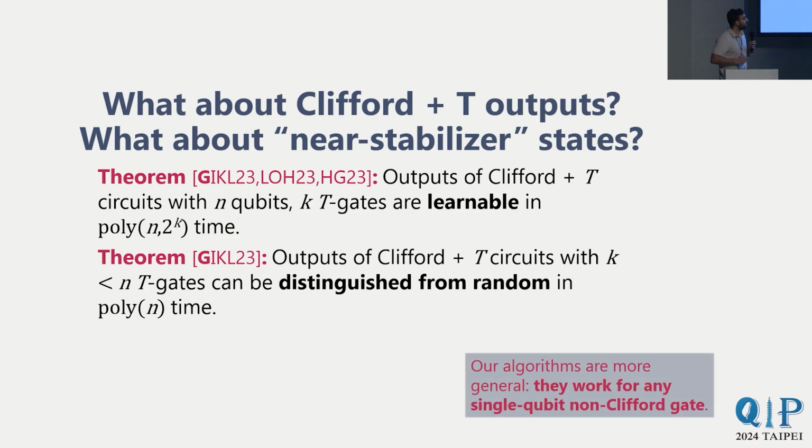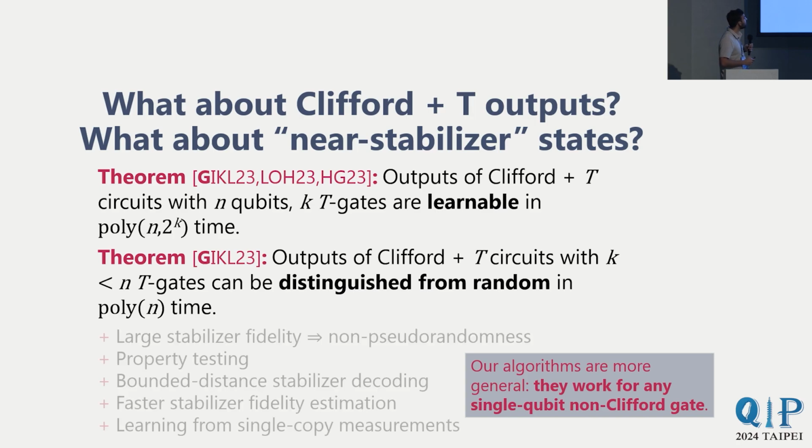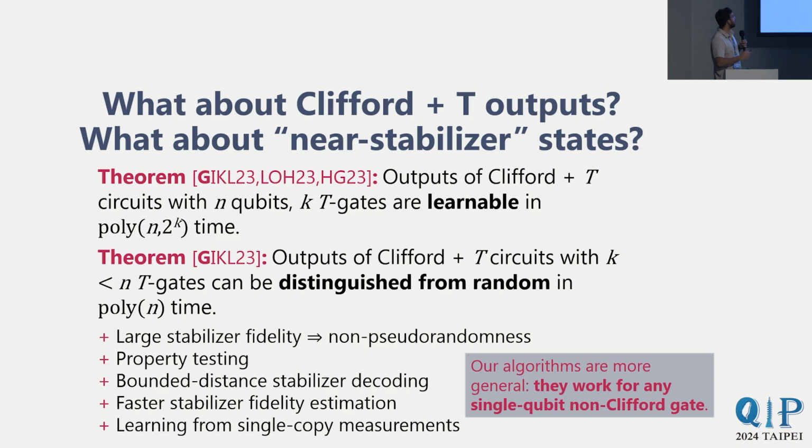I also want to point out that our algorithms are more general than this. They work for any single qubit non-Clifford gate. That's going to be true for everything I say, but I'm just going to stick to the T gate to keep things concrete. And we also have a bunch of other learning algorithms that have a similar flavor.